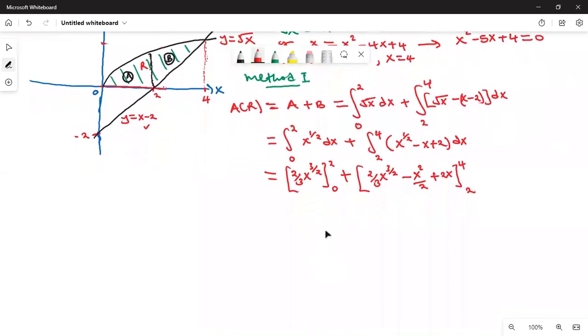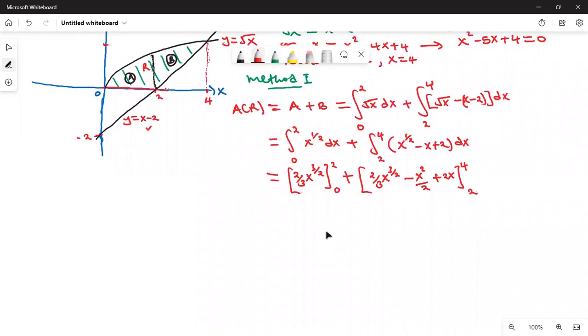When you plug in the limits of integration, what do you get? Of course, you know how to work it out. When we use 2, where there is x, you put 2, we are going to get 2 over 3 times 2 raised to 3 over 2 minus 0, because when you use x equals 0, you get 0.